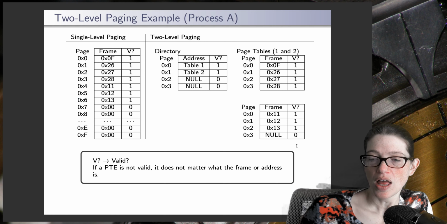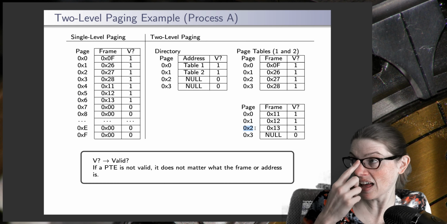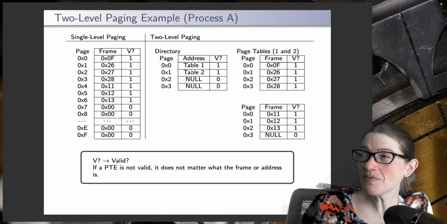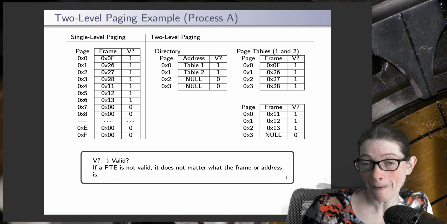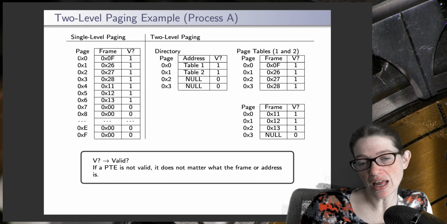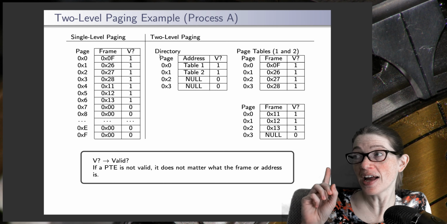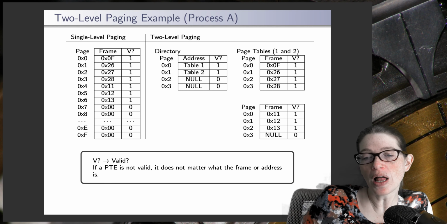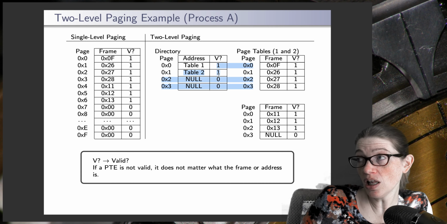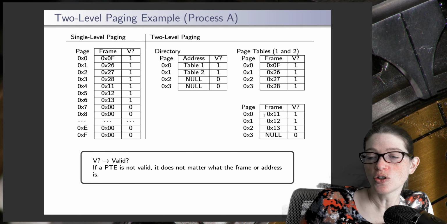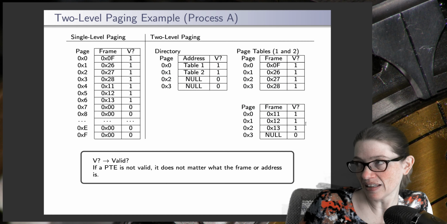Then I get my secondary page number, which is that. I'll explain how we get that in a minute. And then I get my frame number. So I have to do 2 page table lookups. Instead of just doing 1 page number to 1 frame mapping, I have 2 page numbers. I use the first page number to look up the address of the table in the root, and then I use the second page number to look up the entry in the second level table.